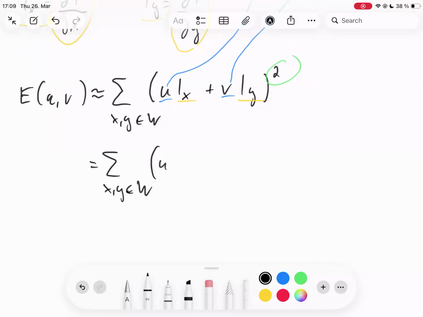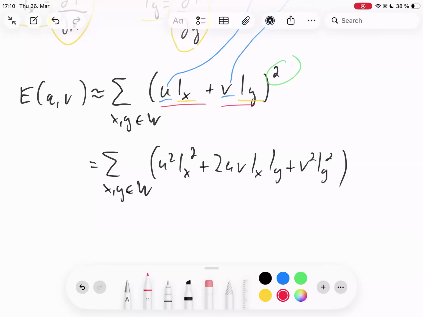So I get u squared times Ix squared plus 2uv Ix Iy plus v squared Iy squared. So that's just simple math from school, but I don't have just an a and b in the square, but multiple objects. So this would be sort of the a and this would be the b, but eventually that's it. So it's just a squared plus 2ab plus b squared.